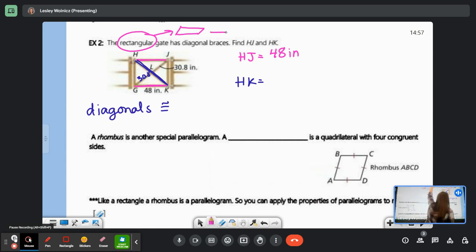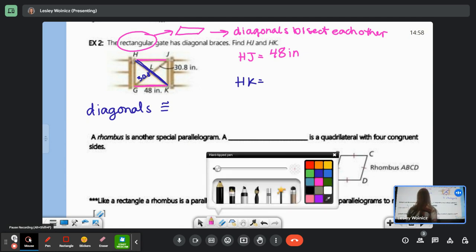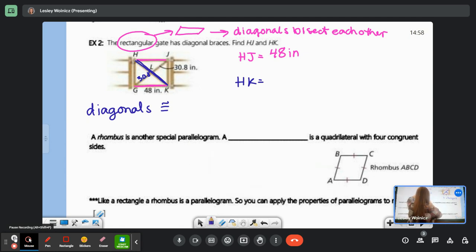So if we have a parallelogram, we know that diagonals bisect each other. So we can just double the 30.8 and we get 61.6 inches. Okay. Questions?